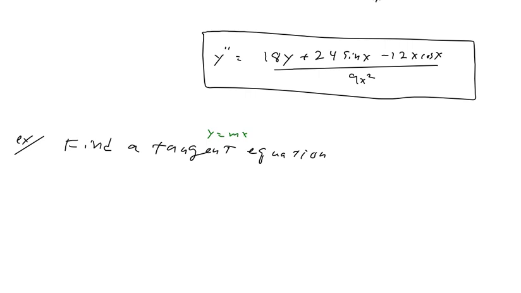You're going to note that you need the slope, you need m, and you're going to need b. M comes from dy/dx, or y prime. B comes from the xy coordinate that you plug in.